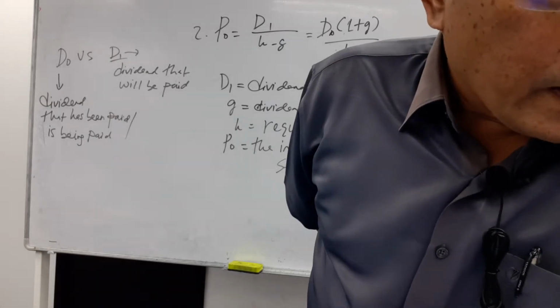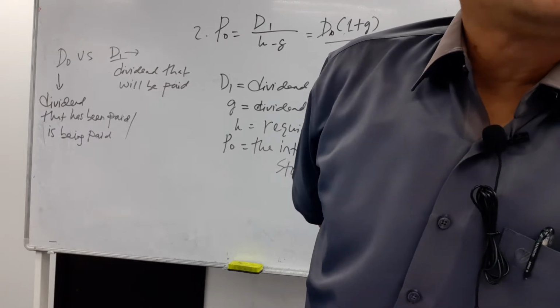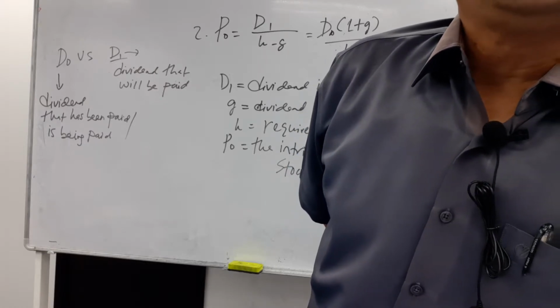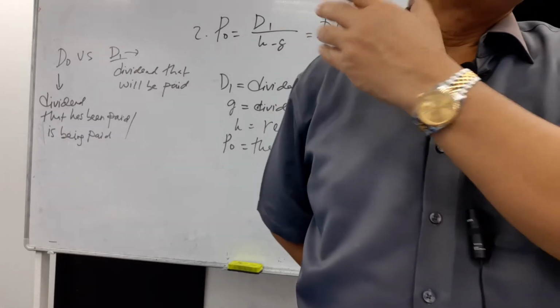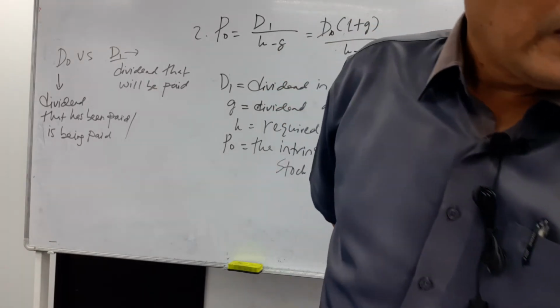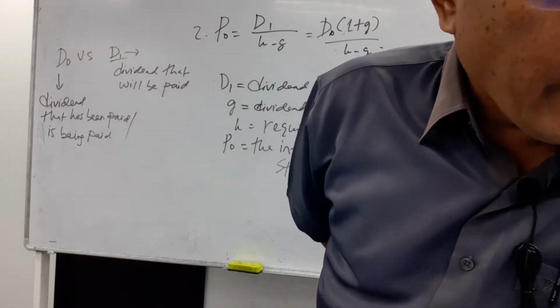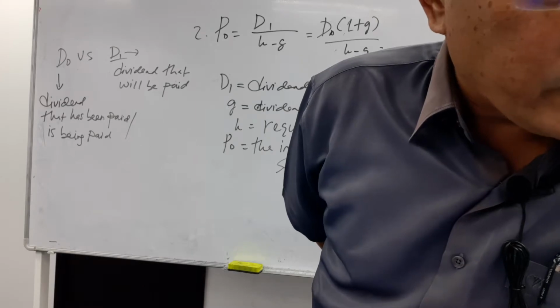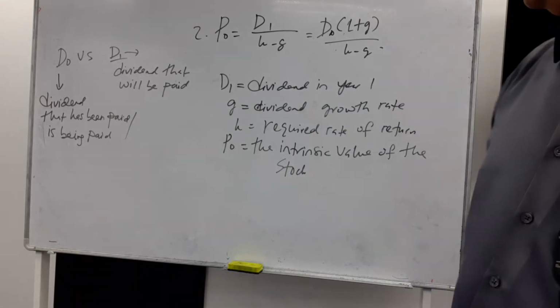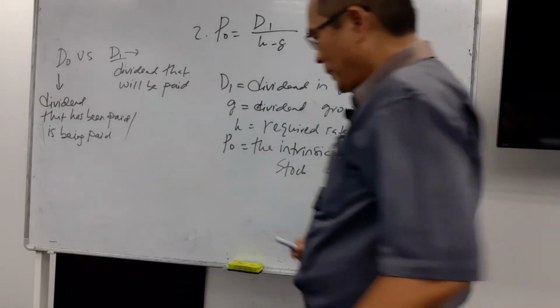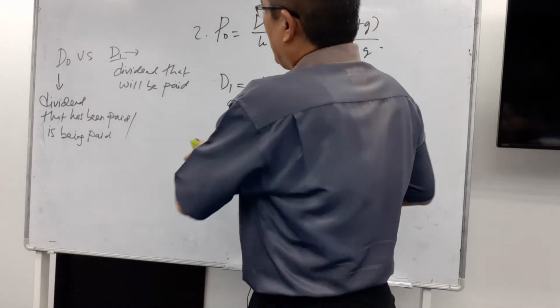Okay, the cost of equity is 10%. So when they say the cost of equity, it refers to K or I, your required rate of return, and the expected growth rate in the future is 3.3%. So all the information that you need is given here.